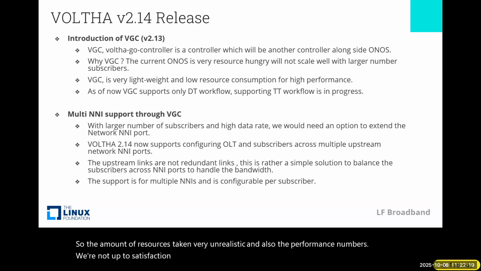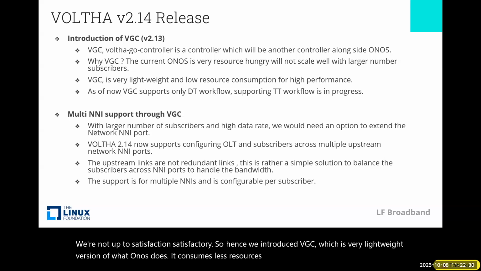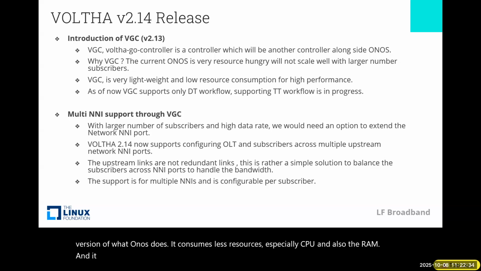Hence we introduced VGC, which is a very lightweight version of what ONOS does. It consumes fewer resources, especially CPU and also RAM. And it supports as of now the DT workflow, and we are working on the TT workflow. Eventually we'll get it. That's on the VGC.